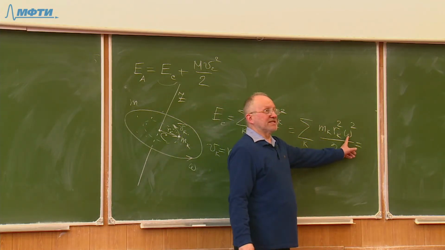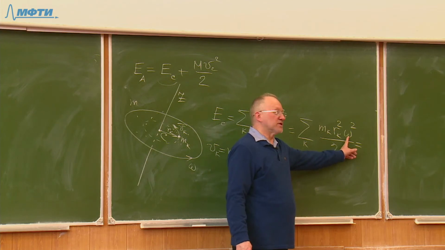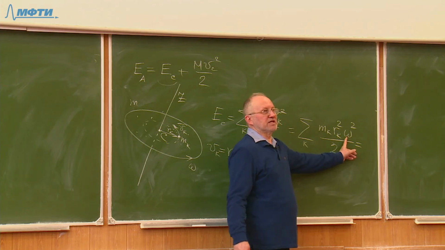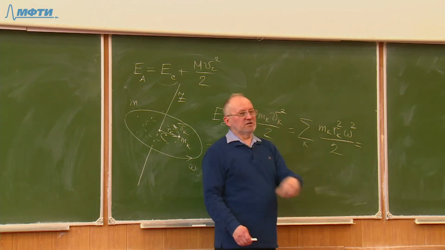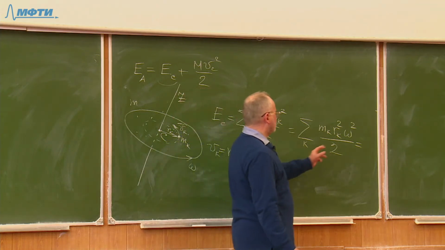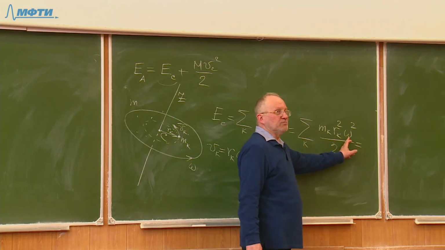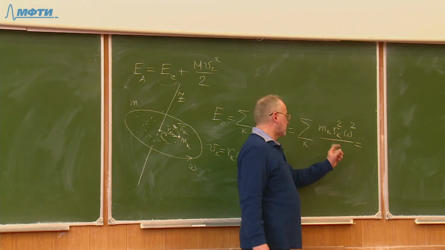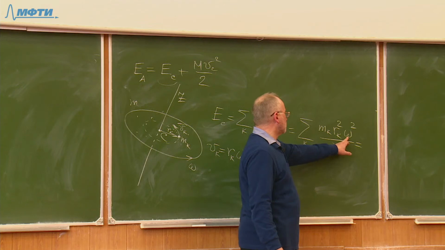Certainly, omega is the same for all the points of a solid body. Omega is the same parameter, the same quantity. The solid body rotates at some angular velocity, and that will be the angular velocity characterizing all the points inside this solid body. So omega is constant.